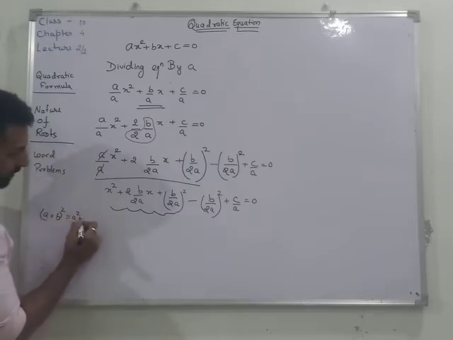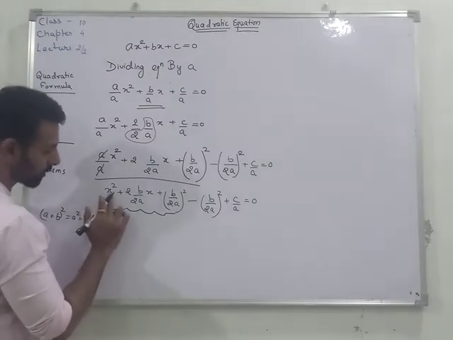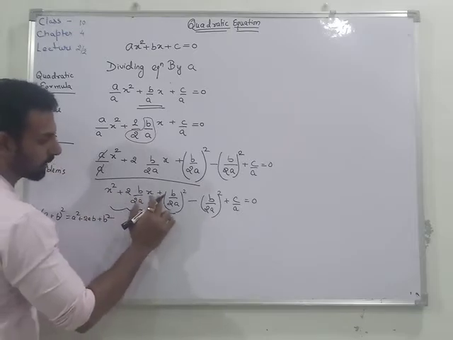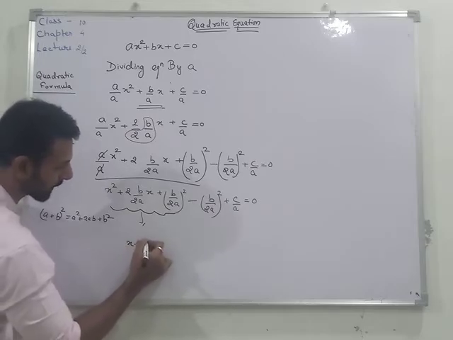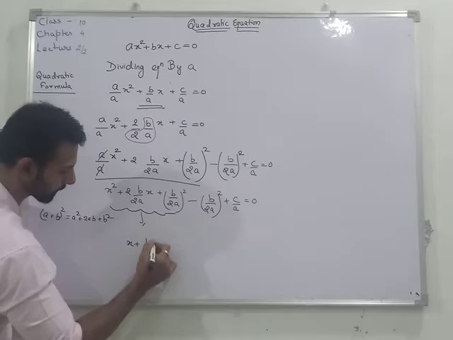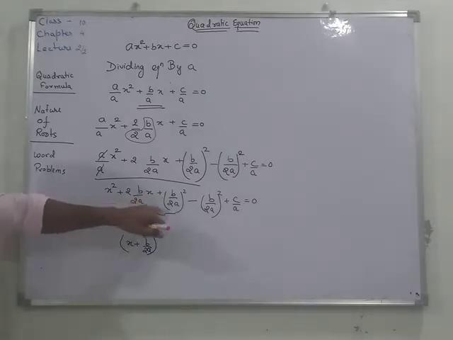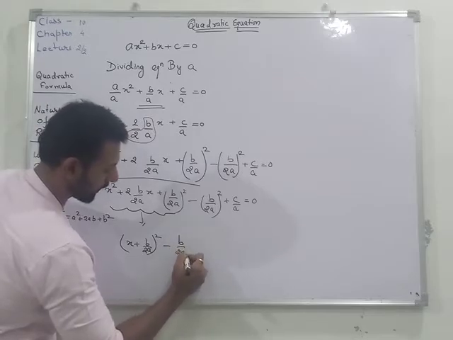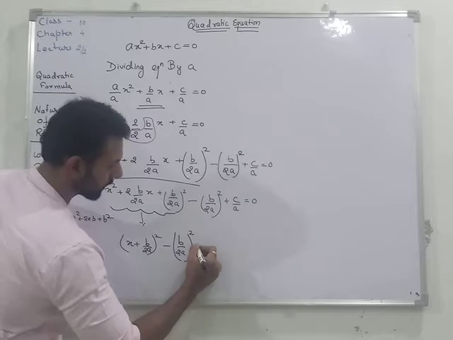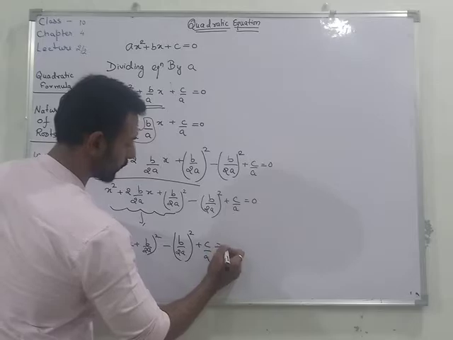In the same manner, this can be written in the form of x plus b by twice of a whole square minus b by twice of a whole square plus c by a is equal to 0.